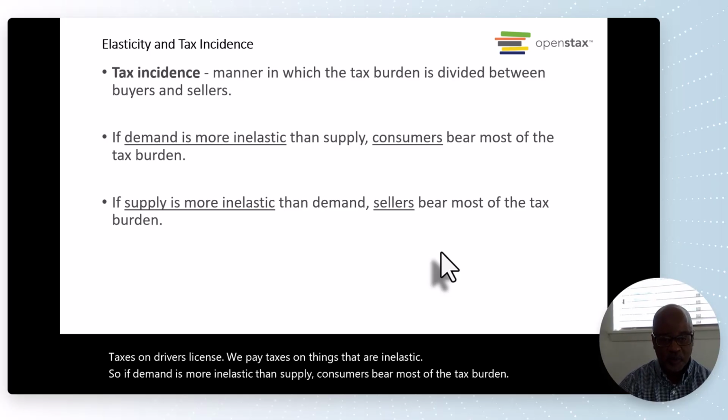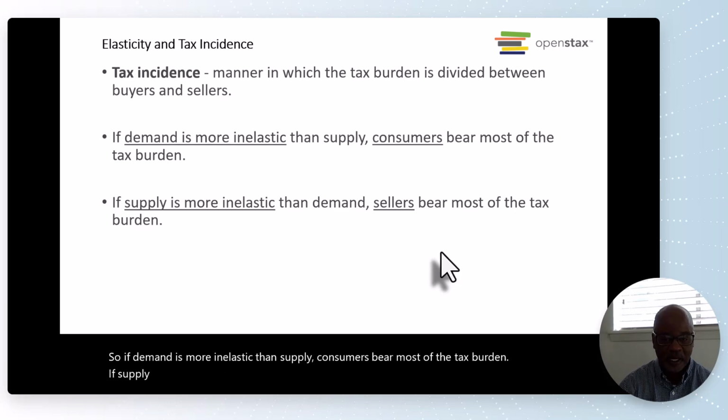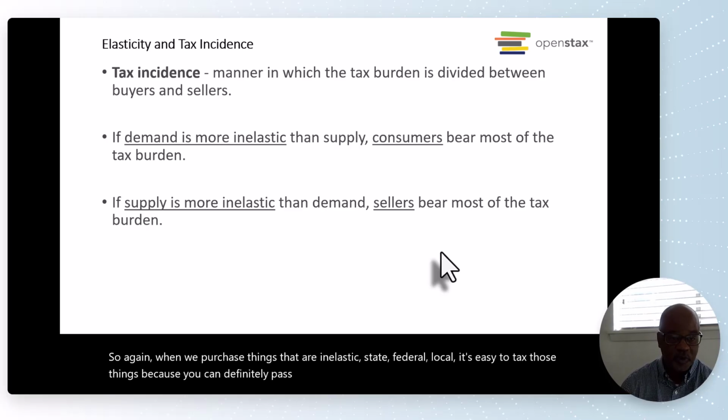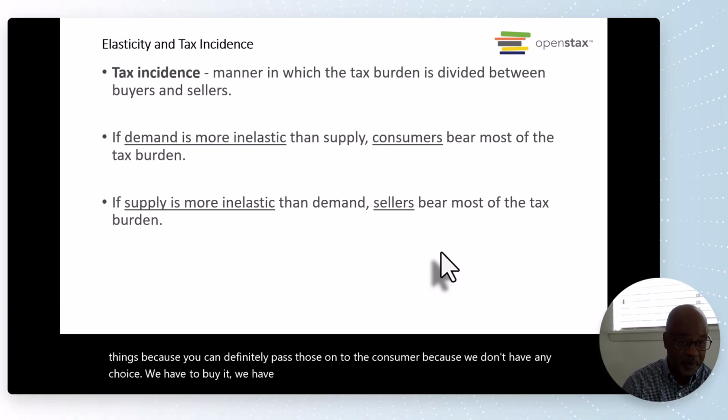If supply is more inelastic than demand, then sellers bear most of the tax burden. So again, when we purchase things that are inelastic, it's easy for state, federal, and local governments to tax those things because you can definitely pass that on to the consumer, because we don't have any choice. We have to buy gas. We have to buy insulin. We have to buy those things.